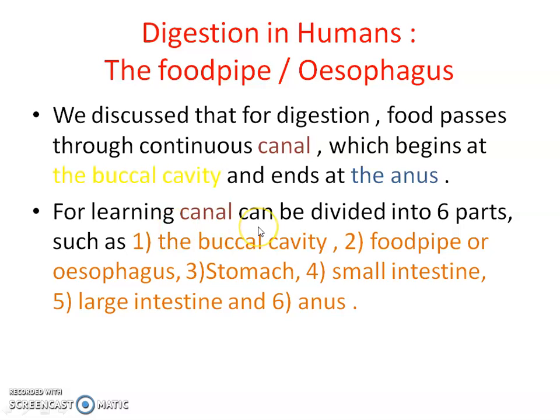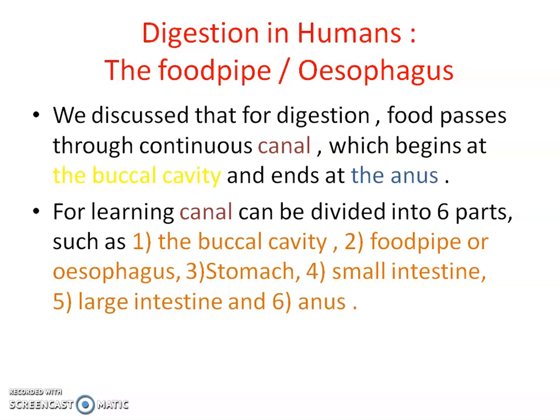For learning, the canal can be divided into six parts: the buccal cavity, food pipe or esophagus, third stomach, fourth small intestine, fifth large intestine, and sixth the anus. In this chapter we are studying every part of digestion in humans one by one.